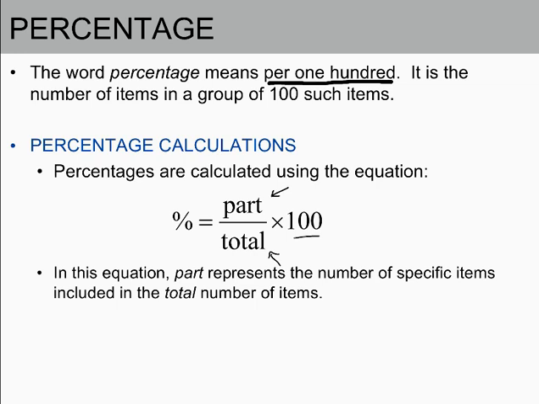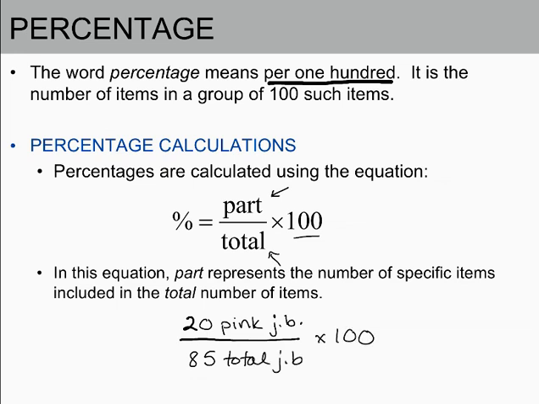So as an example, let's say that we determine that there are 20 pink jelly beans out of a total of 85 jelly beans. If we plug this into a calculator, we would divide 20 by 85, and then multiply everything by 100, and we should get an answer of 23.5%.